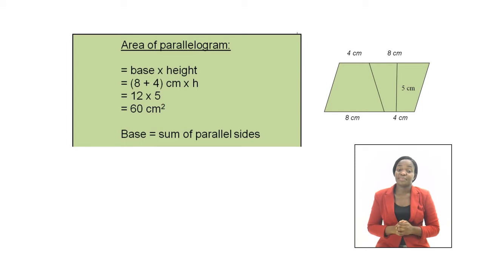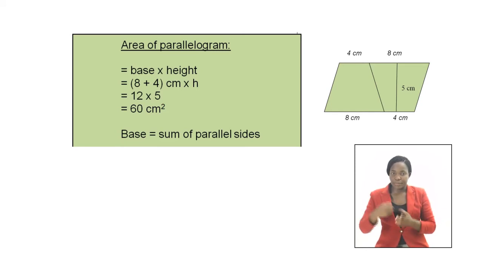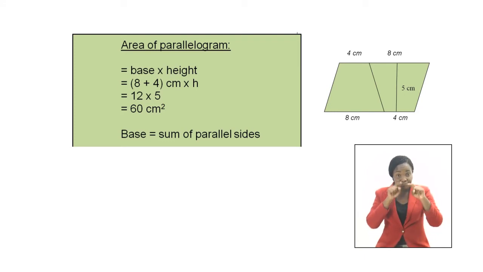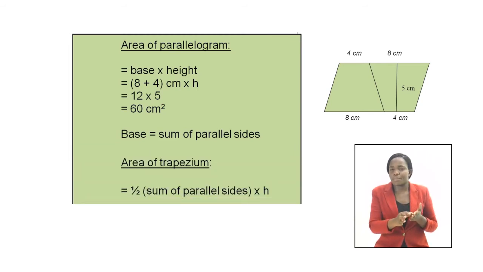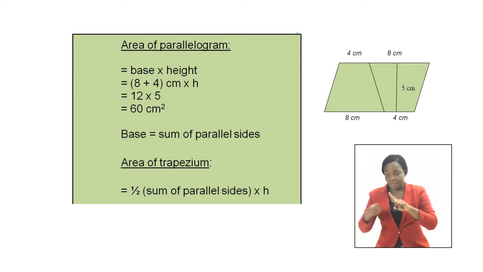So, if we replace the base with 8 plus 4, we're actually adding the two parallel sides together. 8 plus 4 gives 12 centimeters. The height is the same, which is 5 centimeters. Now we just need to divide everything by 2, or multiply by half.